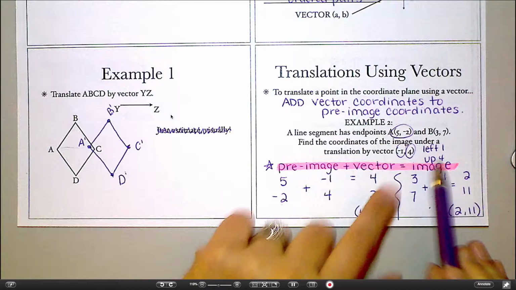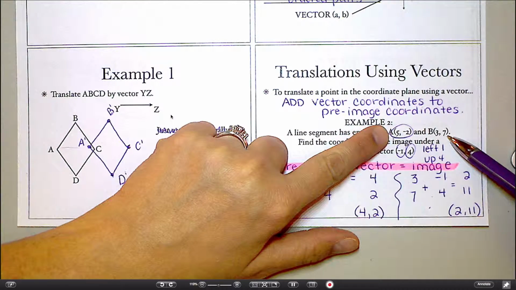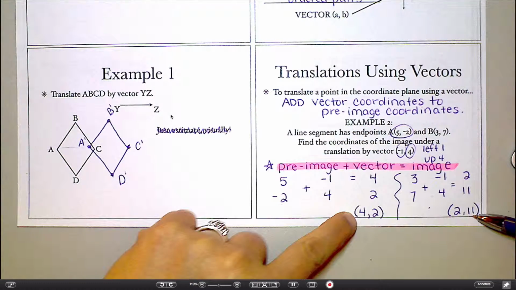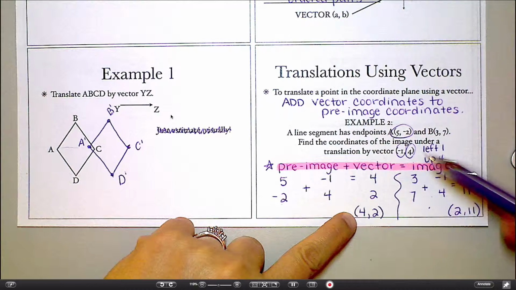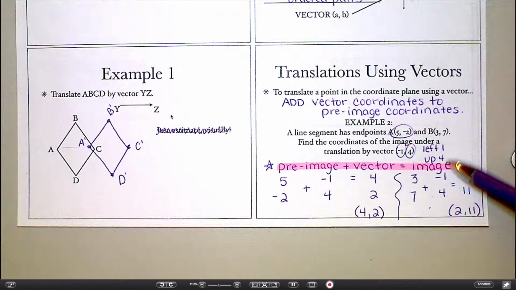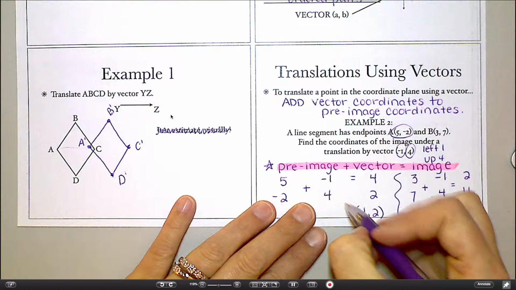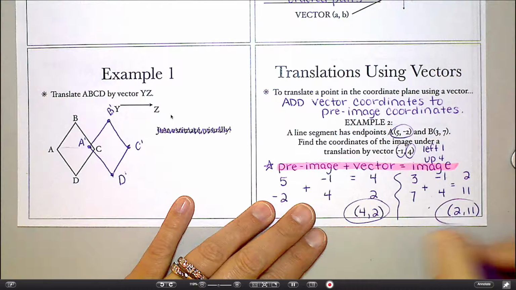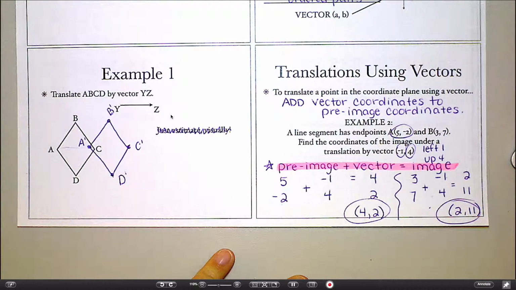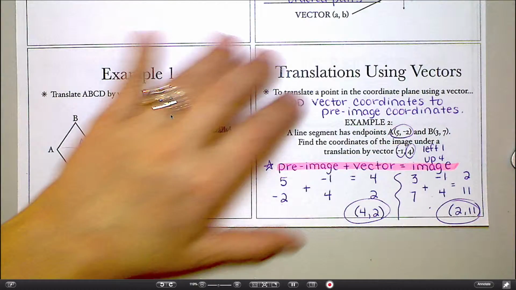If I drew a segment between these 2 points, and then a segment between these 2 points, I would find that the segment would be exactly the same. It would just be slid over to the left 1 and moved up 4. So these right here would be my final answers. Good? Hopefully? All right.